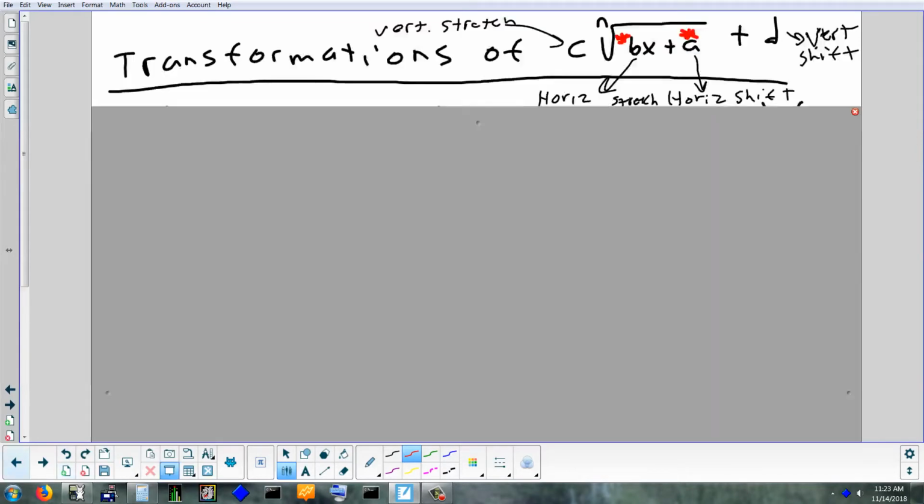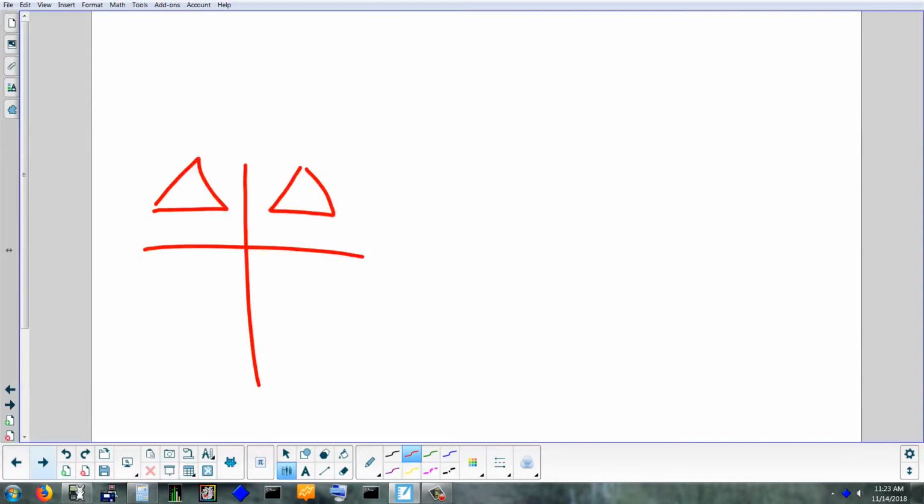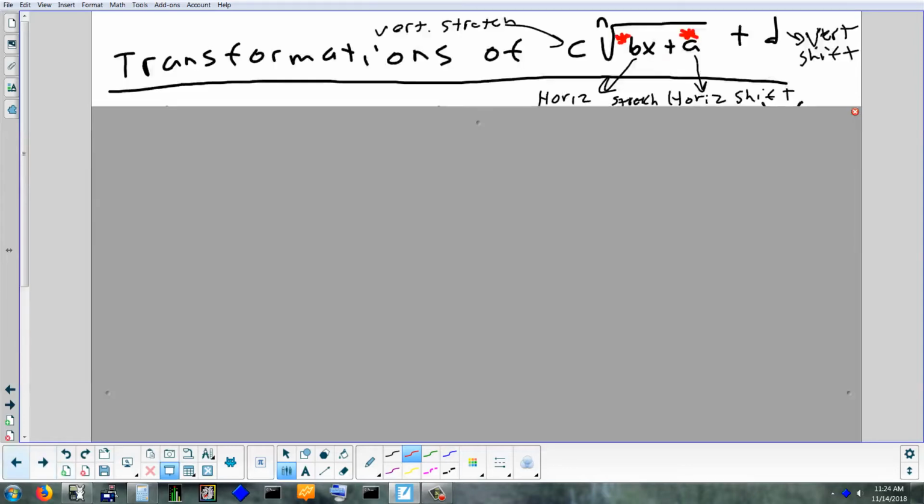If you put a negative with C, that's outside the function. Anything outside is always vertical, so a negative outside causes a vertical flip, up to down. You can describe it as a vertical flip, or some people say reflect over the x-axis. It means the same thing. Horizontal flip means you're actually mirror imaging over the y-axis. So that's a breakdown of what each letter does, and what the negatives would do as well.